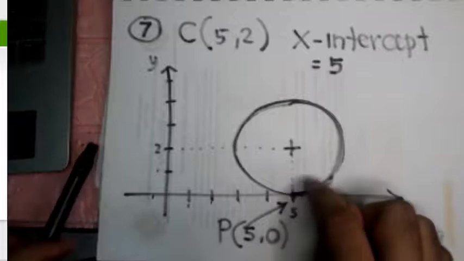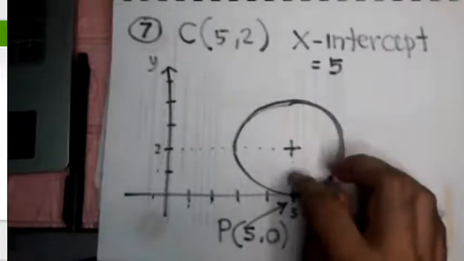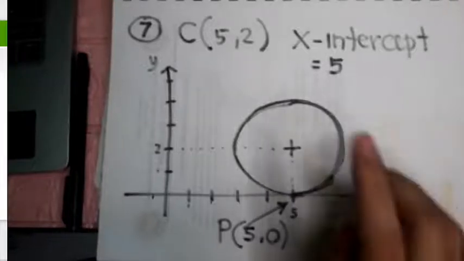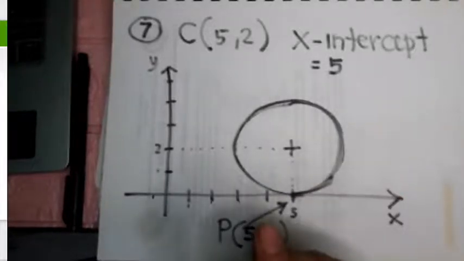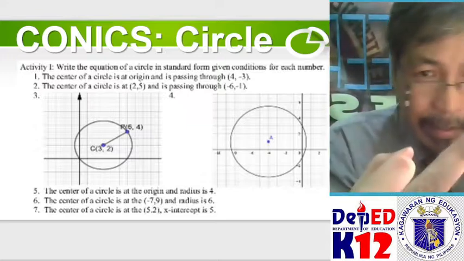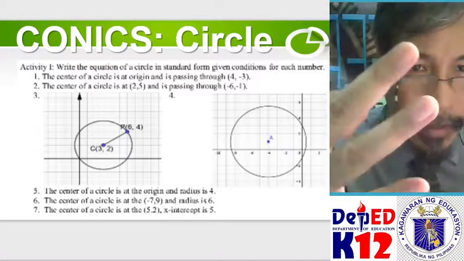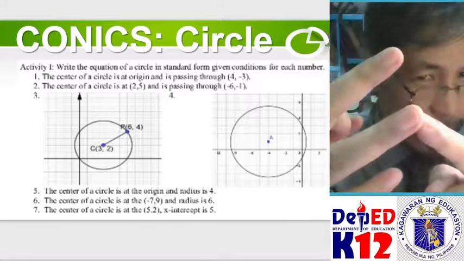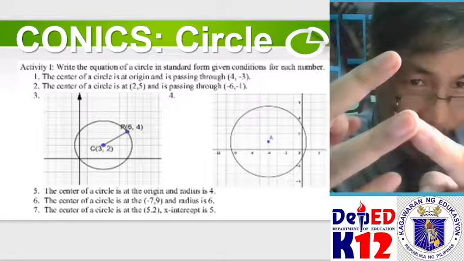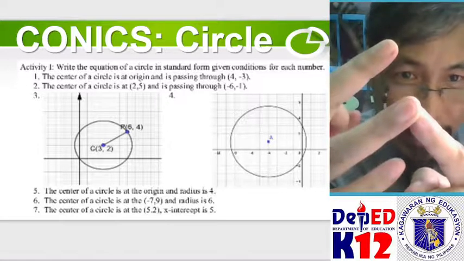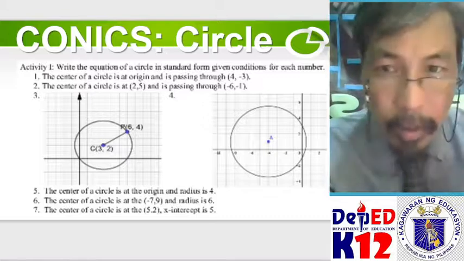Very straightforward: the distance is equal to the radius. The x-intercept is important because it is point P. We are given the x-intercept, which is actually point P, because it lies on the curve of the circle.